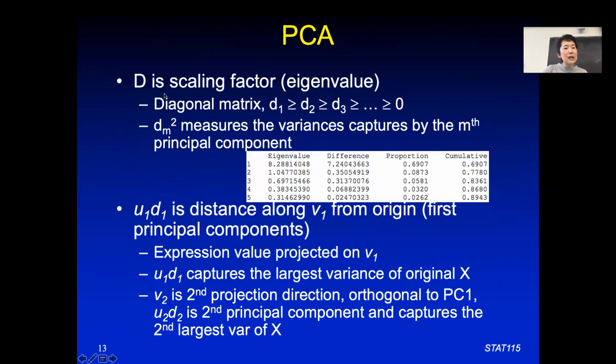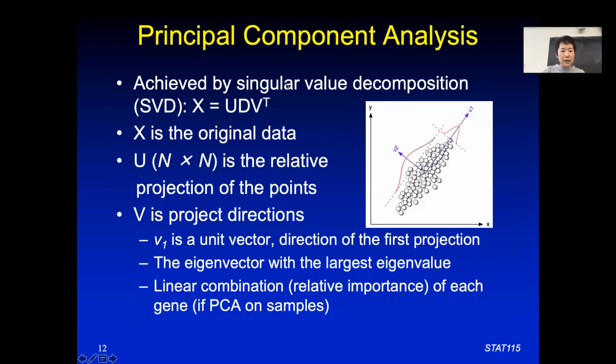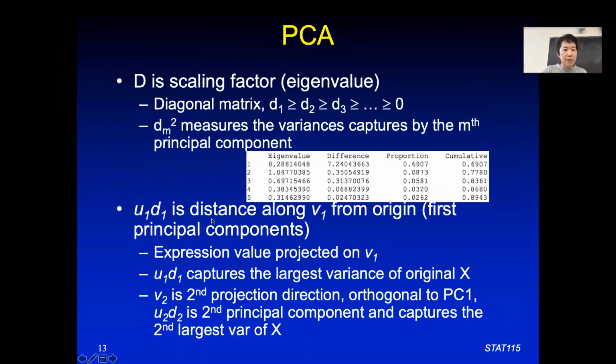And by the way, D is a scaling factor, which is the eigenvalue of your total matrix. So remember, V1 is a unit vector. We only give it the direction. We don't capture the size of the variations we are capturing. And so D is really the scaling factor. If you look at this matrix, it's a diagonal matrix, with values only on the diagonal.